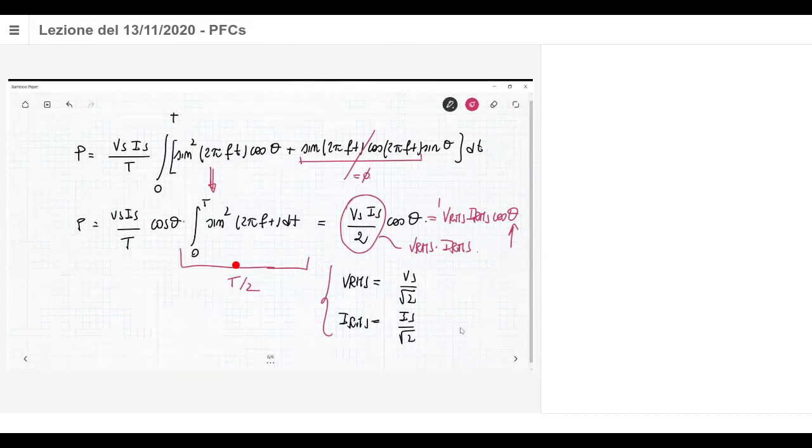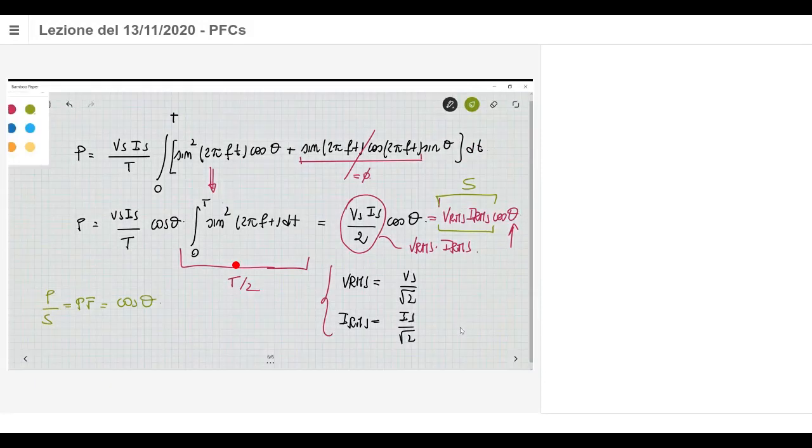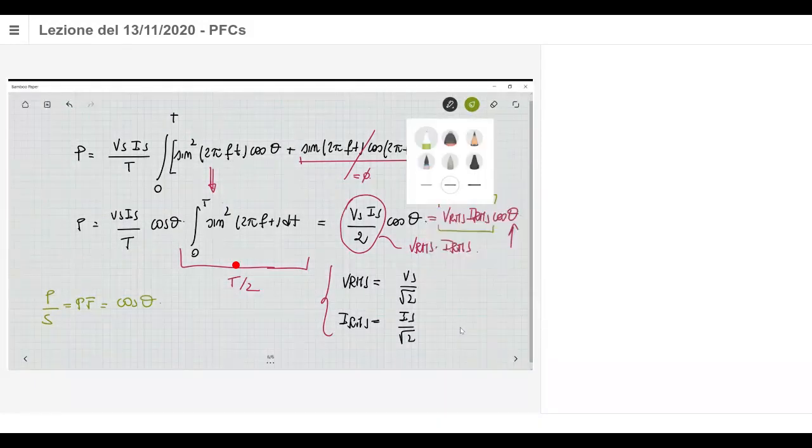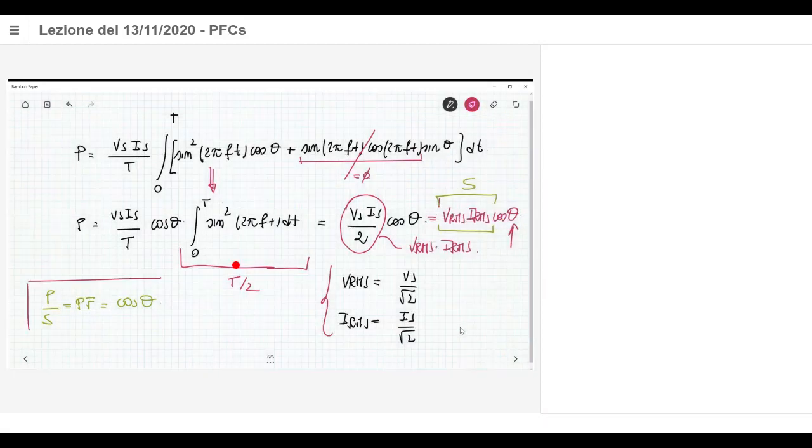This quantity, VRMS multiplied by the root mean square value of the current, is the apparent power. So we immediately recognize that P over S, which is the power factor, is given by cosine of theta. So for sine waves, the power factor is given by the cosine of the phase shift between the current and the voltage.